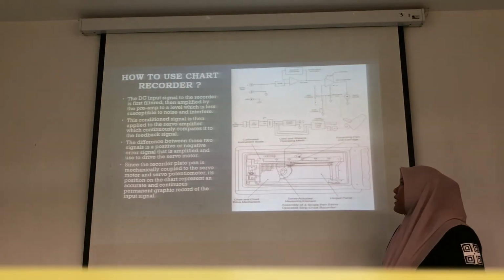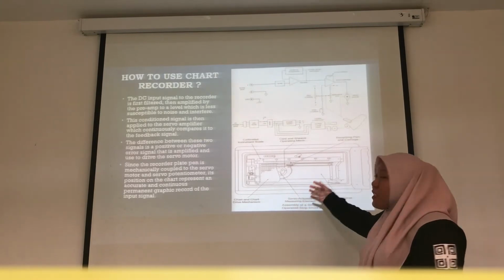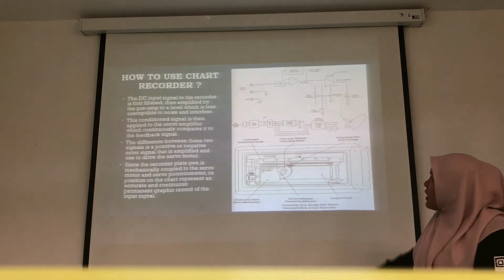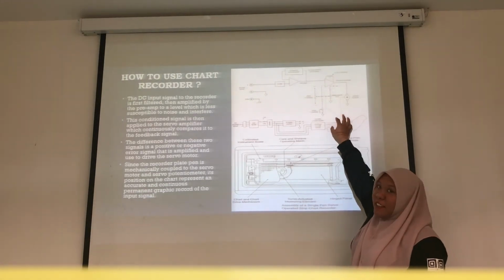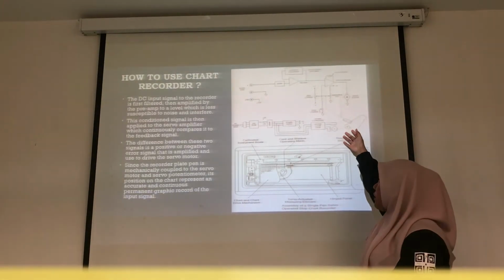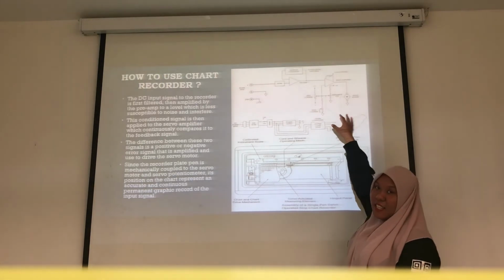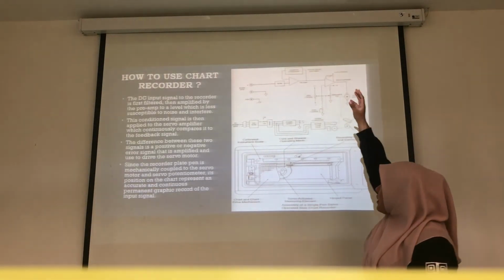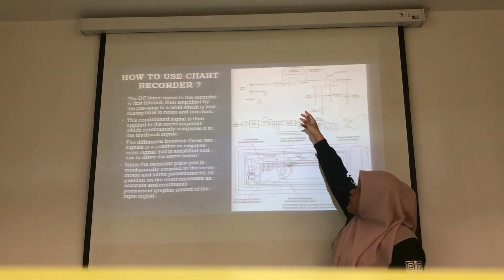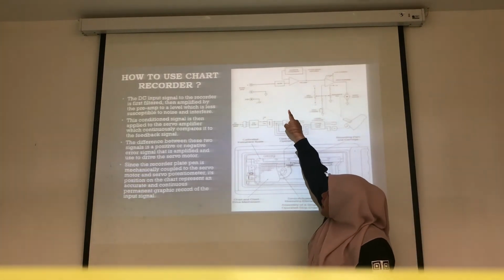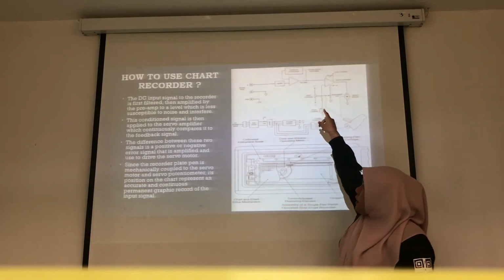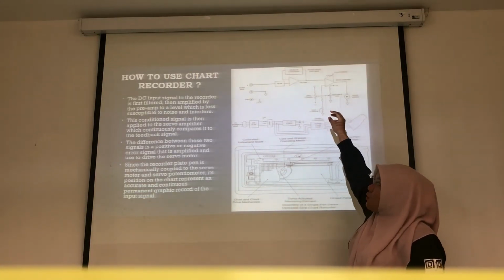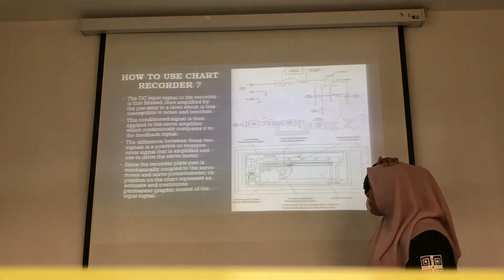Okay, Bismillahirrahmanirrahim. I will present to you about how to use a chart recorder. This is the schematic diagram of the inside of the chart recorder. Basically, these are all the components used in it. First, the DC input signal to the recorder is filtered, then amplified by the preamp to a level which is less susceptible to noise and interference.